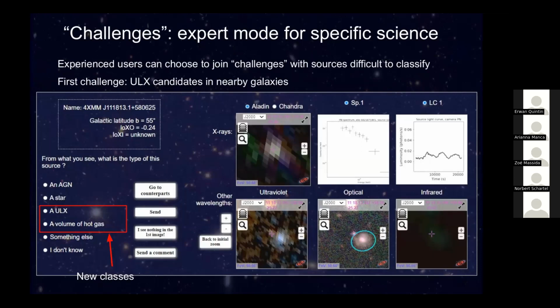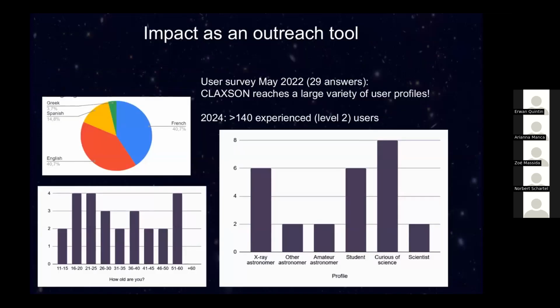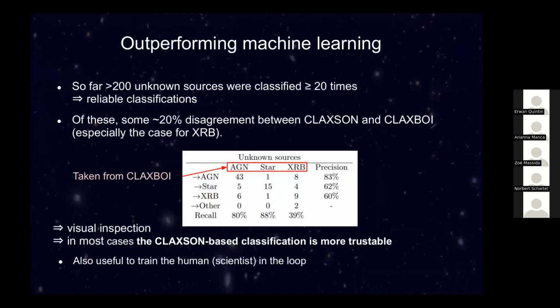The way I did that was by basically providing my own classification without looking at all at the Klaxon answer, and the Klaxboy either, of course, and then comparing my answer to the one of Klaxon and Klaxboy. That's how I said that in most cases the Klaxon-based classification is more trustable, but it's 25 objects, so not yet enough to make some strong conclusions.